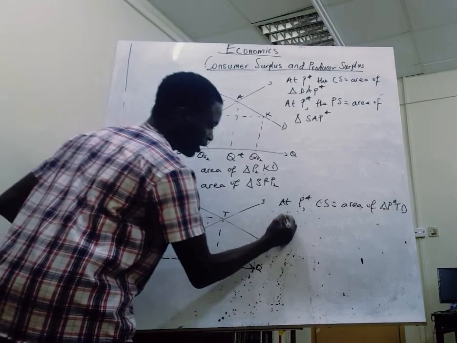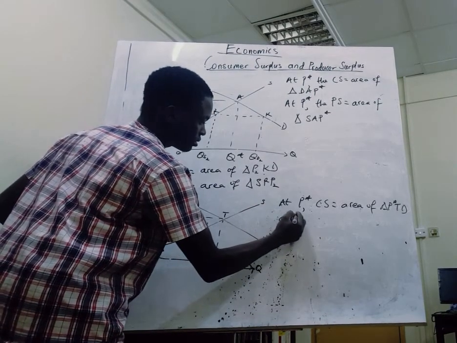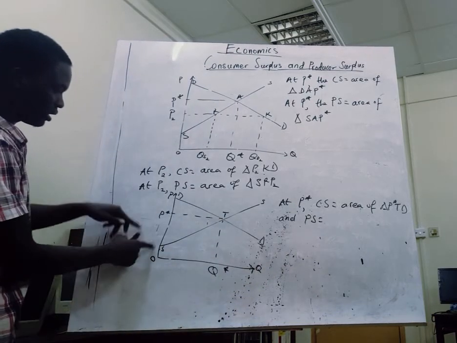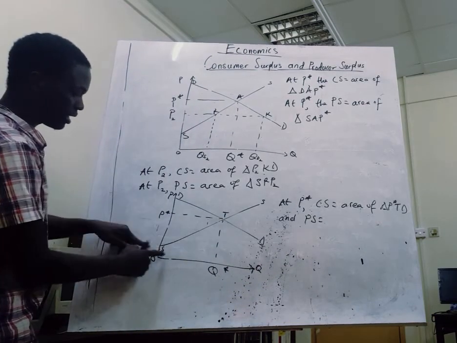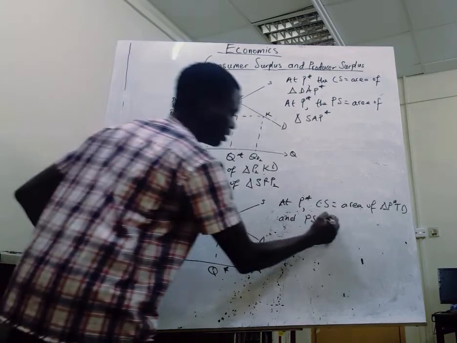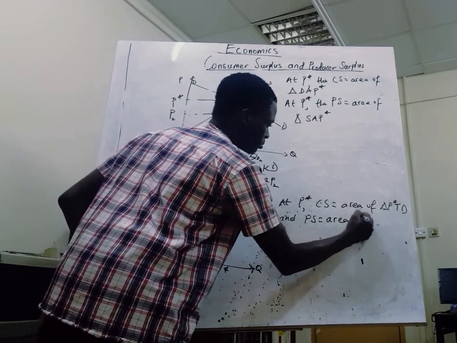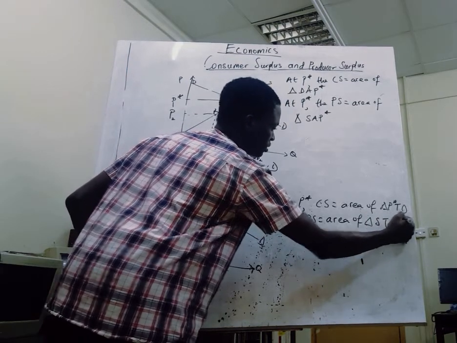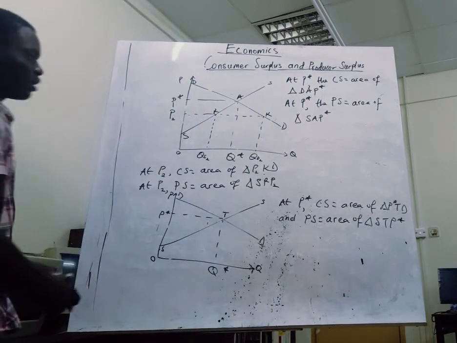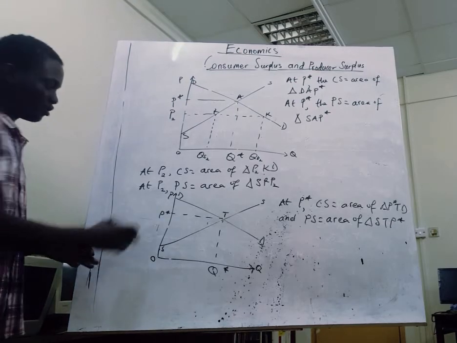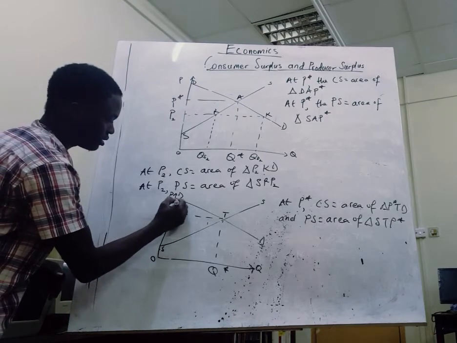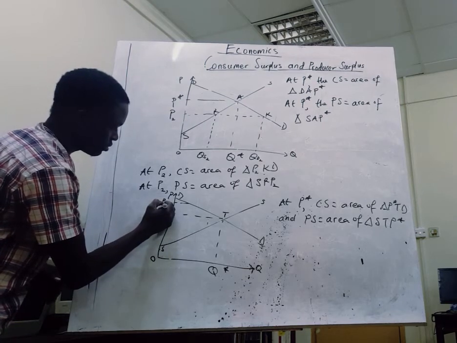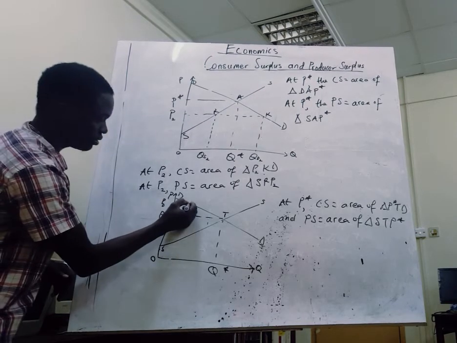Now at this same price, the producer surplus is equal to, this is the price intersecting the supply curve here, so SC P star, area of triangle ST P star. Alright, now let's assume that the price is increased from P star to, let's call it P naught. Bring it here.